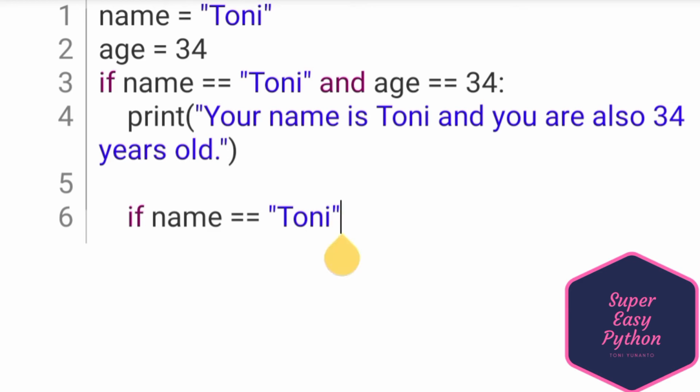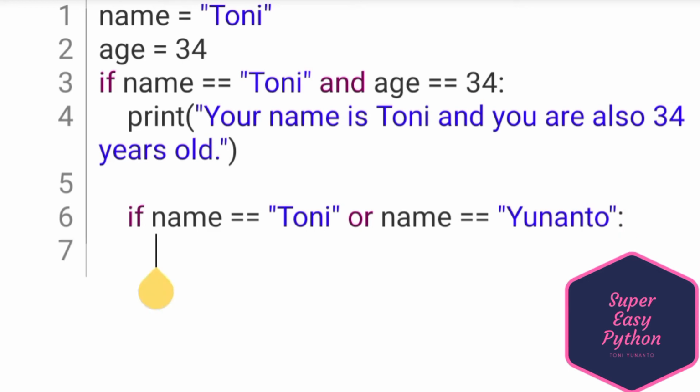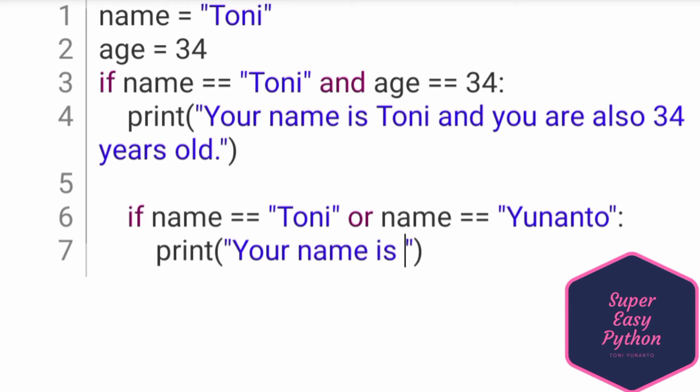And then we're going to use the Boolean operator or, and then name double equals quotation Yunanto, and then don't forget the colon, and then print in the bracket, your name is either Toni or Yunanto.